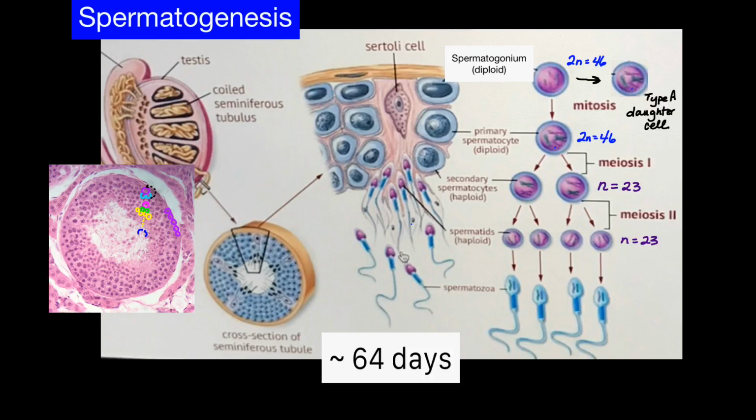And at this point, our spermatids start to shift and look like spermatozoa. So spermatozoa is just a fancy name for a sperm cell. And you can see that for this to happen, the spermatids develop a head and a tail.